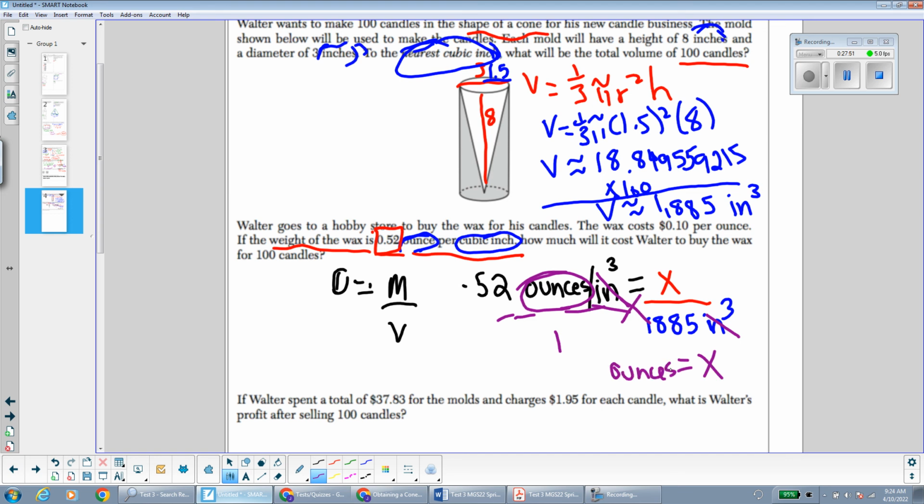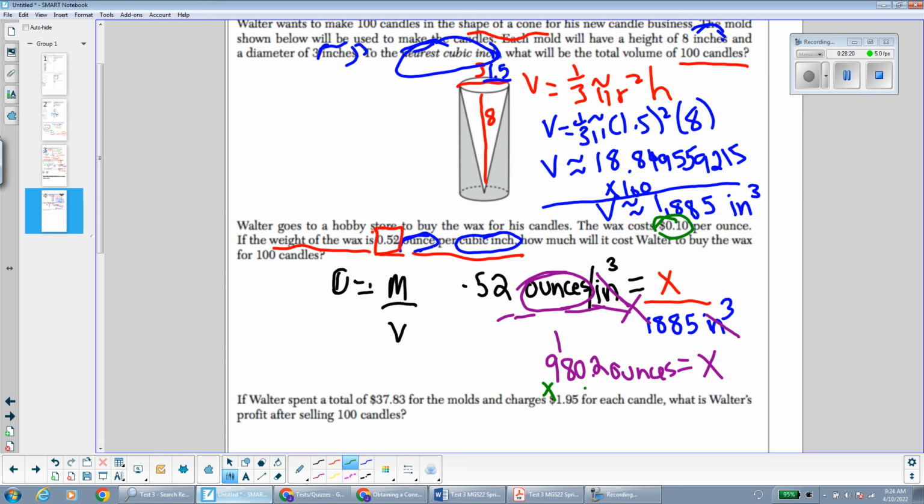And let me put that into my calculator. I'm going to multiply 0.52 and 1885. So 1885 times 0.52. And I get 980.2 ounces. Now, this is the mass or the weight of the wax. And we need to figure out the cost. And we know that the wax costs 10 cents per ounce.